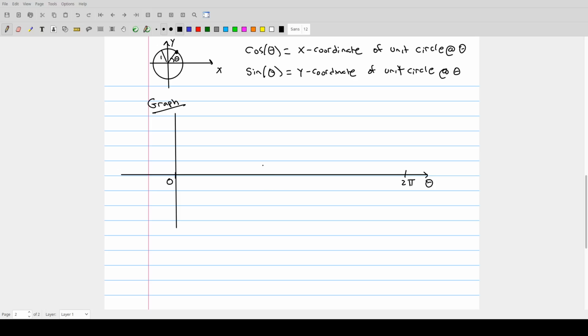And then drawing out the function y equals sine of theta. We'll do y equals sine of theta in red, and I'll do y equals cosine theta in blue.